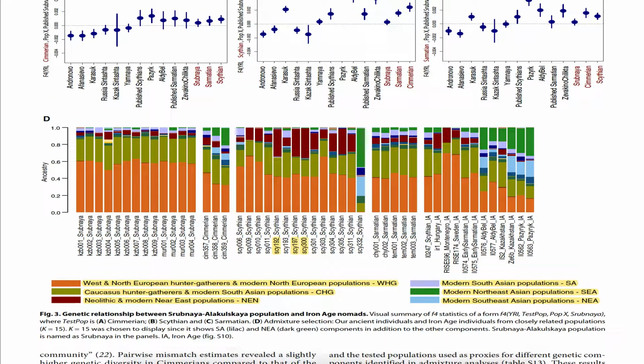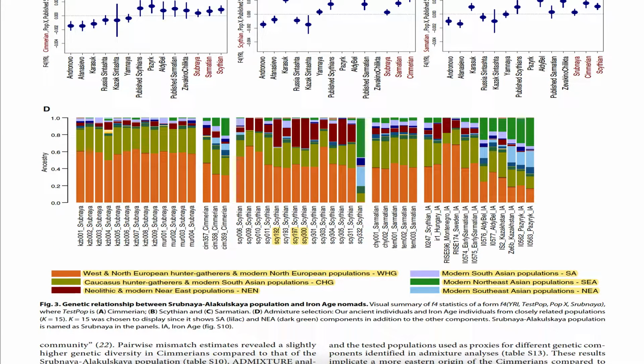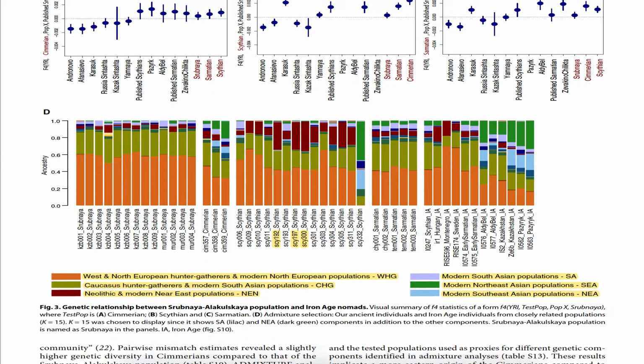So here we have the admixtures that they tested with. I got the Scythian individuals all in the middle right here. So the majority of their DNA was West and North European hunter-gatherers and modern North European populations, Western hunter-gatherers.